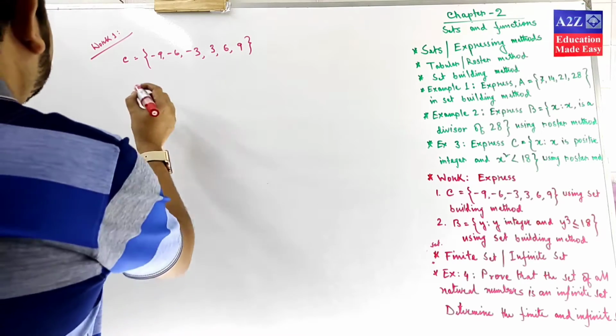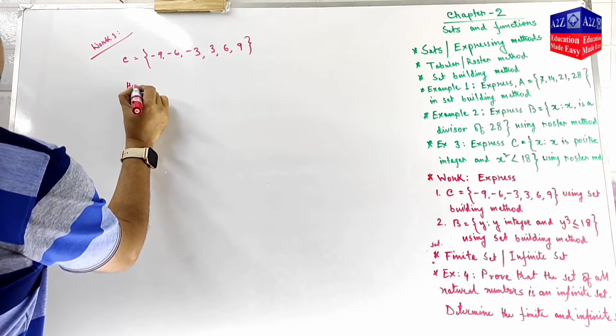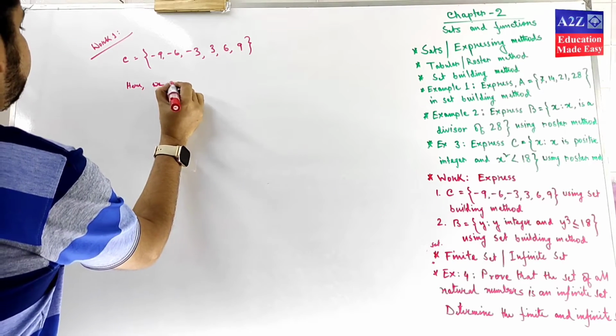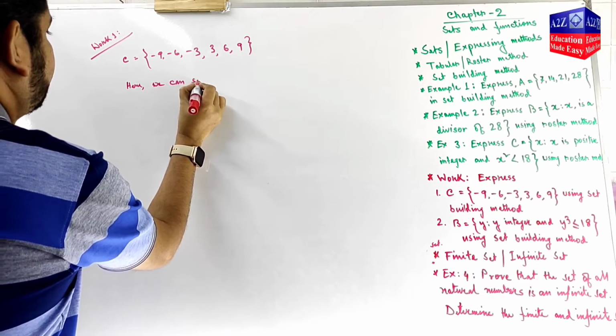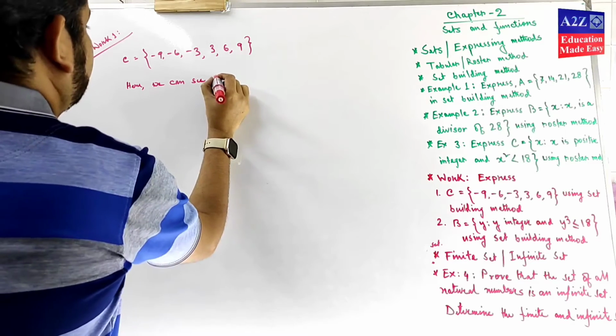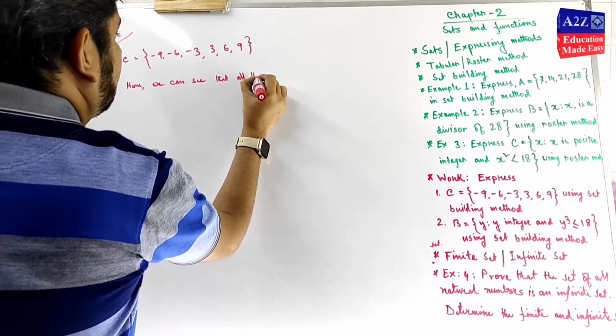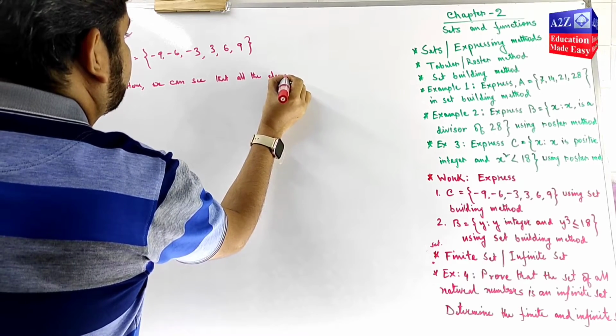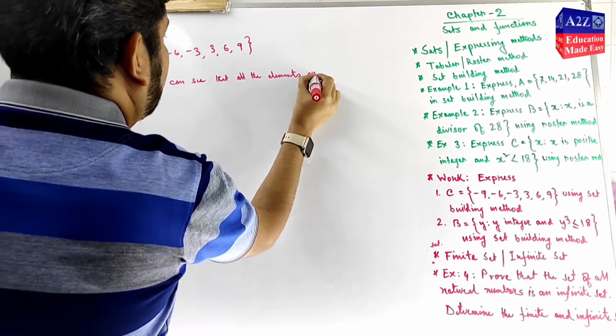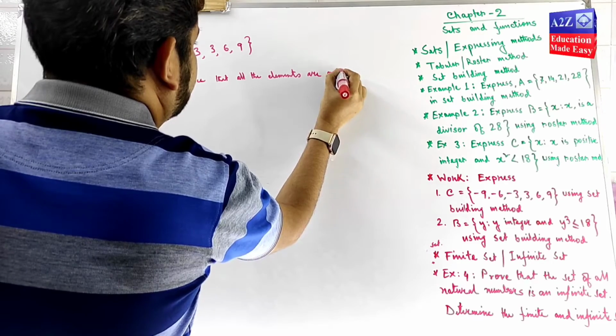What is the first property? Here we can see that all the elements are multiples of 3.